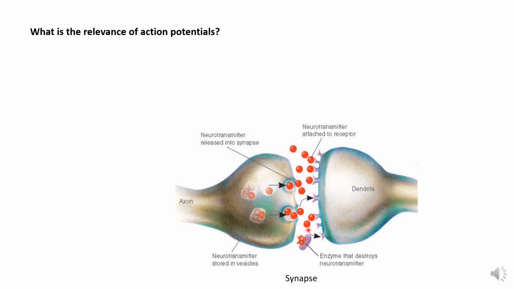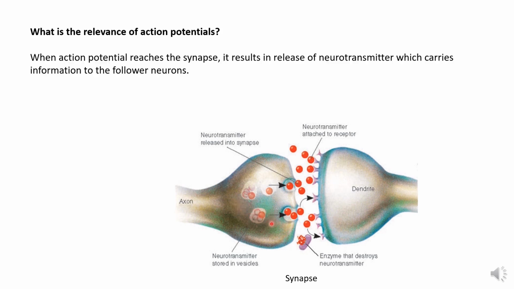This communication happens in the form of neurotransmitters, and the important point is that the neurotransmitters are released only when an action potential reaches this axon terminal. So in that sense, the action potential determines when this neuron gives some information to the next neuron. So in that sense, the action potentials are the currency of neural activity.